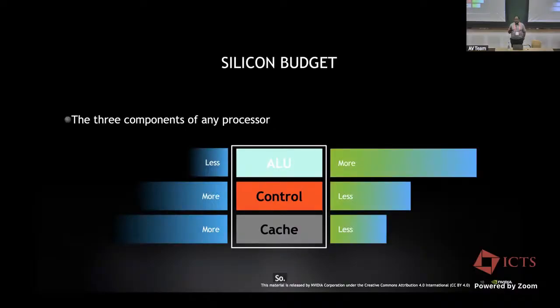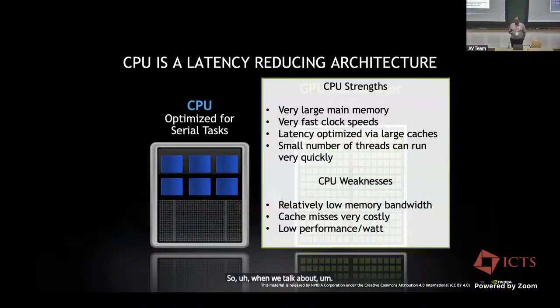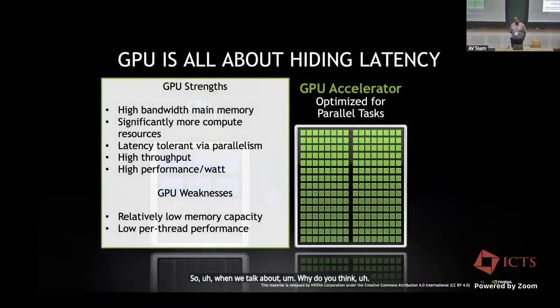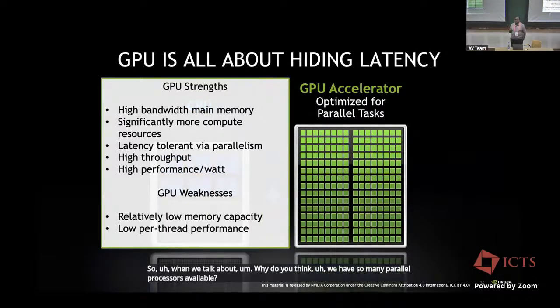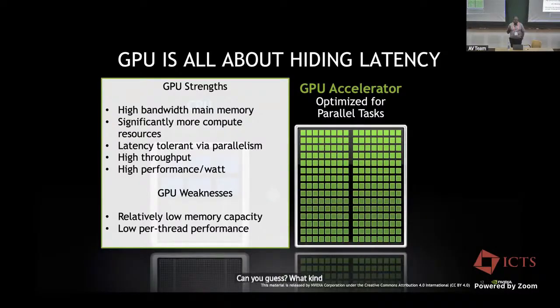So when we talk about this, why do you think we have so many parallel processors available? Can you guess? What kind of tasks are parallel? Matrices can be done in parallel. Okay.